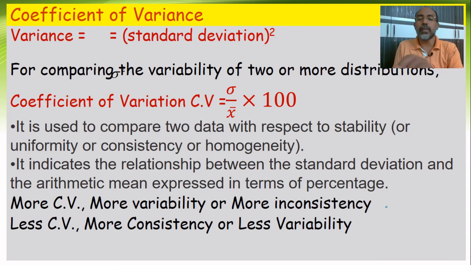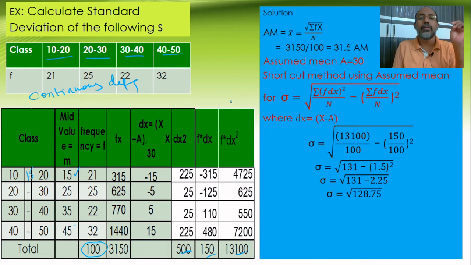Okay. Before going to the next concept, we once again understand the calculation methods for standard deviation. One is individual data, another one is discrete type data, and another one is continuous data type.